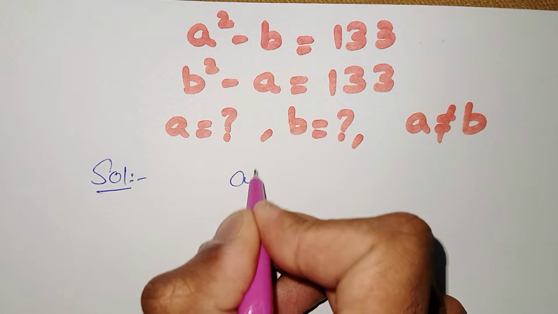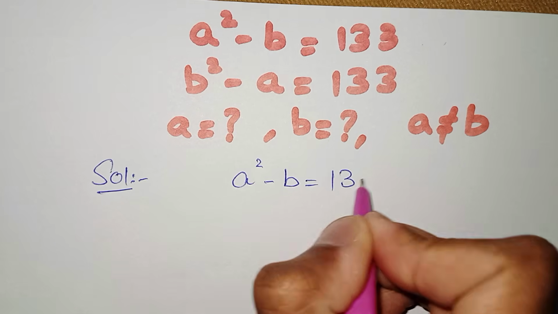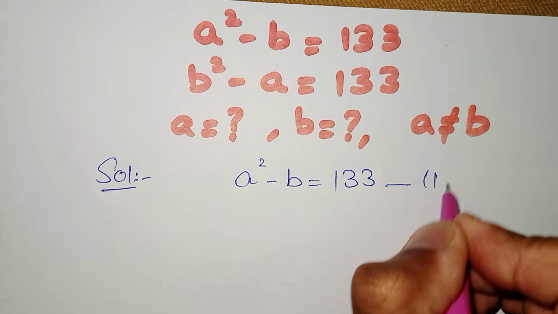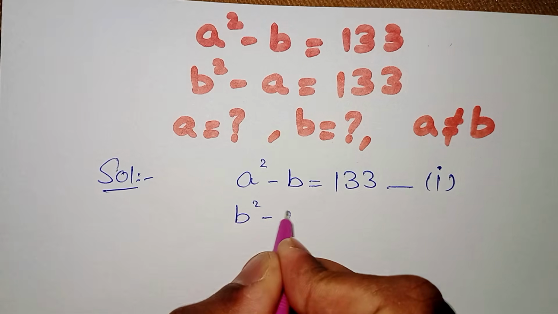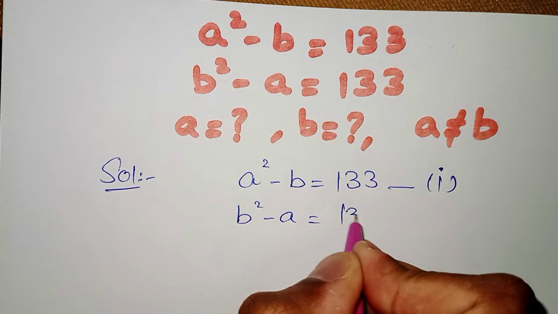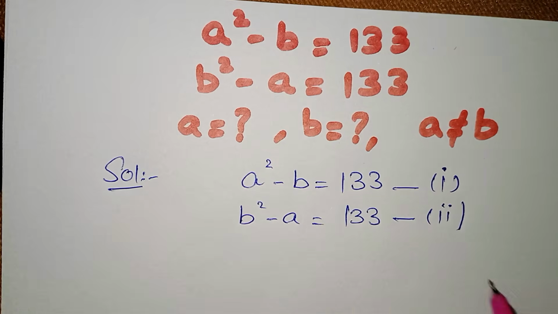We will mark the first equation, a² − b = 133, as the first equation, and b² − a = 133 as the second equation.